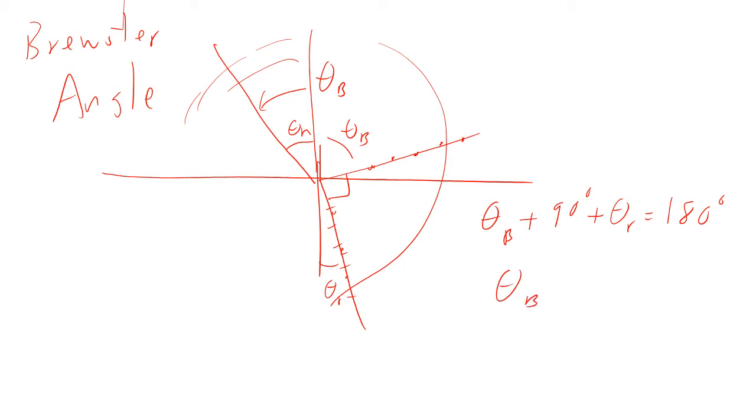So that means the Brewster angle plus the reflected angle has to equal 90 degrees. So the reflected angle has to equal 90 degrees minus the Brewster angle.